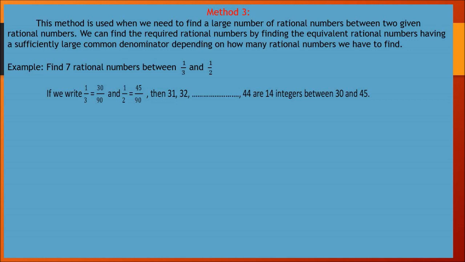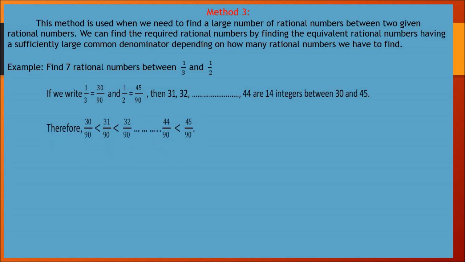So if we write 1/3 as 30/90 and 1/2 as 45/90, then 31, 32, and so on up to 44 are 14 integers between 30 and 45. Here we are taking the common denominator as 90, not 6, because 90 is also a common denominator, though not the least one.